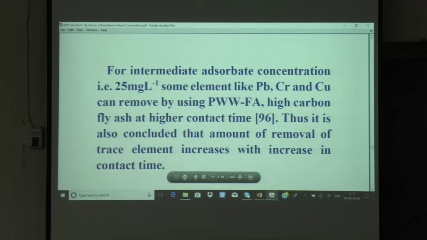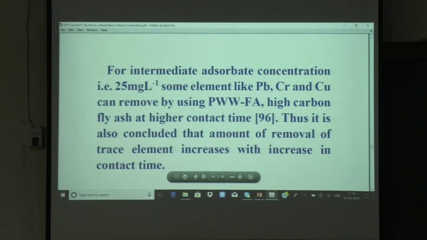And in between those two, a very high adsorbate concentration and a very low adsorbate concentration, if you go in between, which has 25 milligram per liter, some elements like lead, chromium and copper can be removed by using this one fly ash, which is high carbon fly ash, at a constant time.